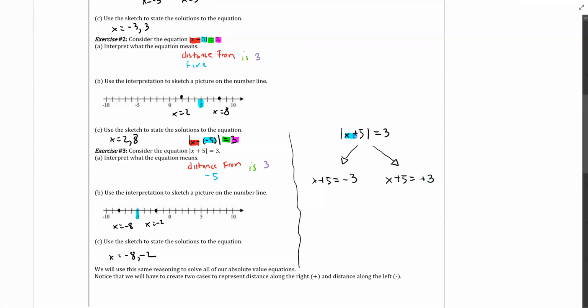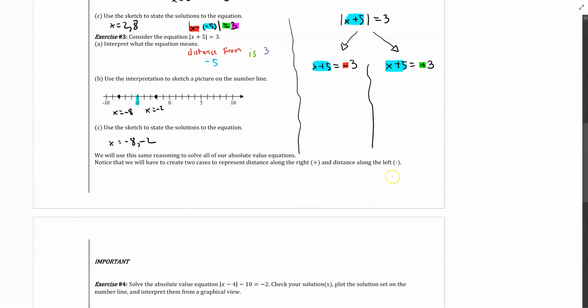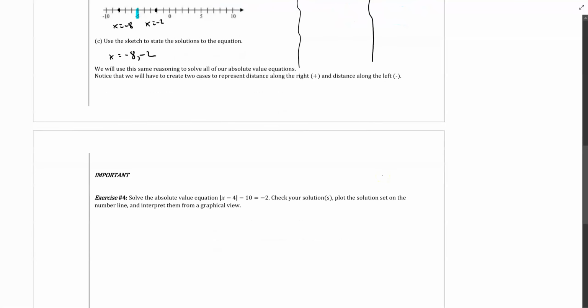So we take the expression inside of the bars and we set it equal to the negative version and the positive version. And then we solve for x individually in each chunk. Okay, so let's go ahead and see what that looks like.